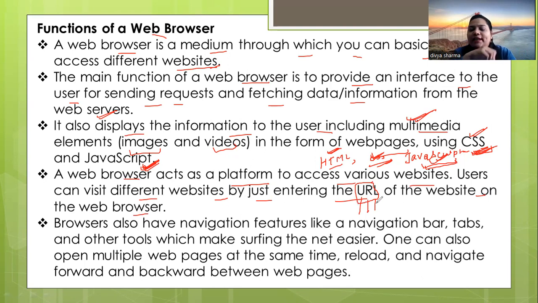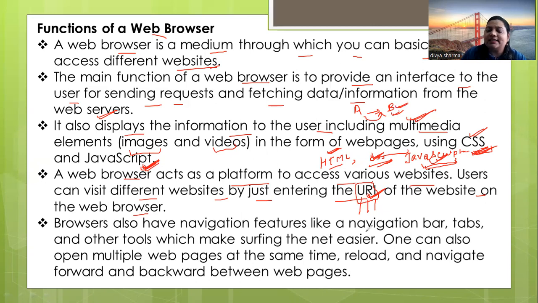In order to get any website on the web browser, we have to know the URL of that website. URL is nothing else, it is basically the address of any website. Let us take one simple example. Suppose there is a person A who wants to go to the home of B. So A can only reach the home of B if he knows the address of B's home, right?